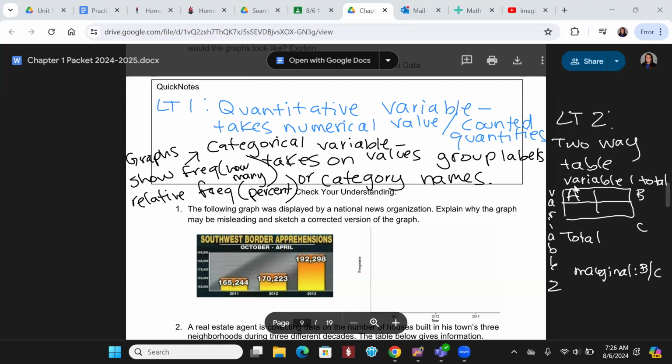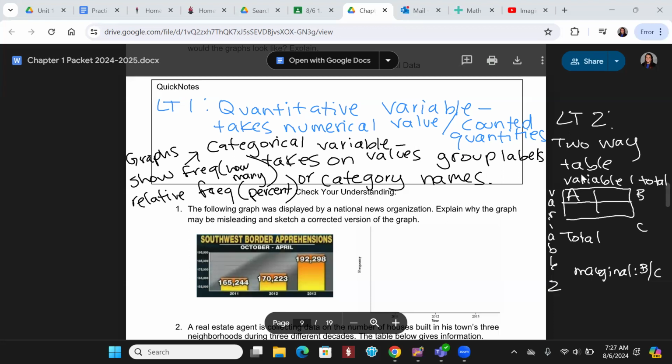So an example of marginal was saying how many people took art out of the total class. So we would say 6 out of 30. Does that make sense?